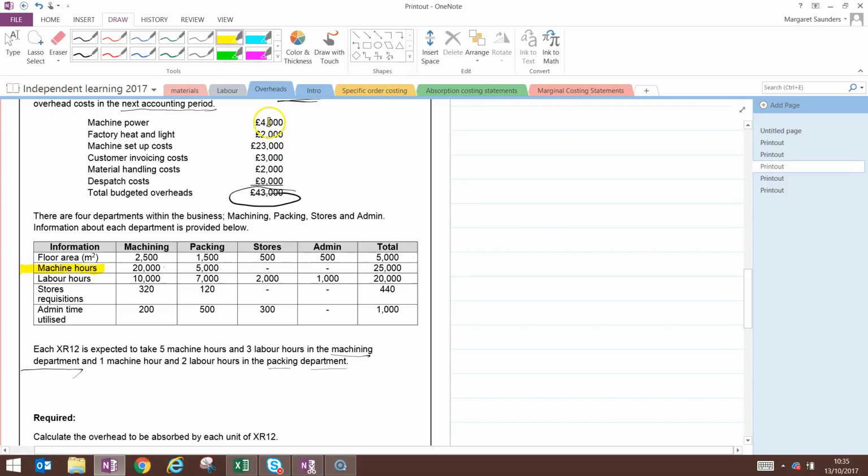So if we've spent £4,000 on powering up the machines, then we can assume that that is because the machines have been running for a total of 25,000 hours. So that machine power figure has been caused by the number of machine hours that the machines have been running for. So our basis for apportioning is machine hours.